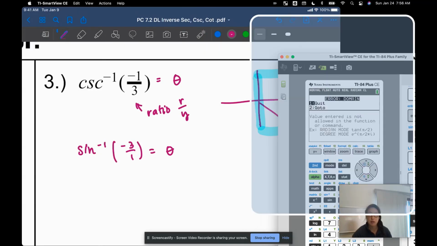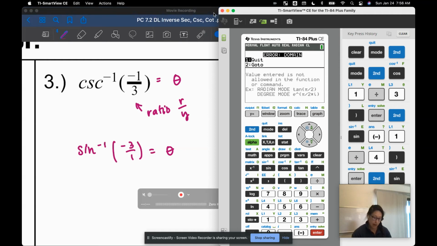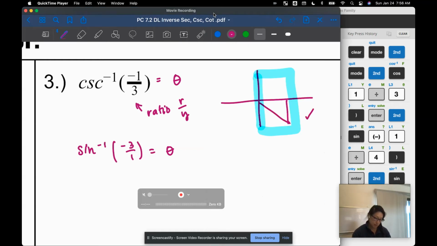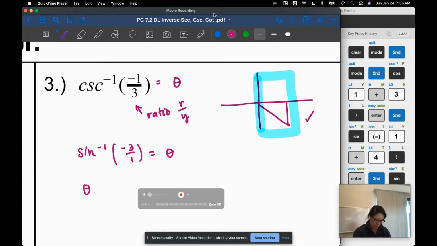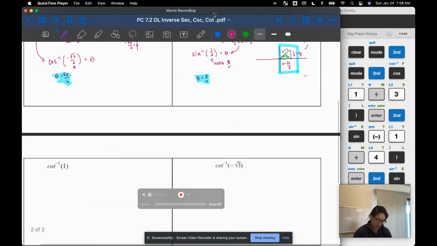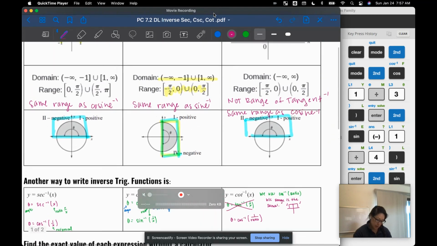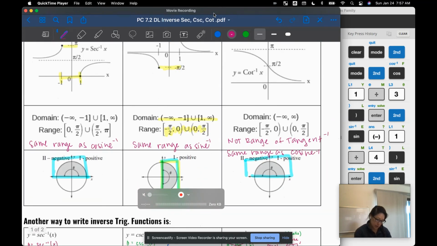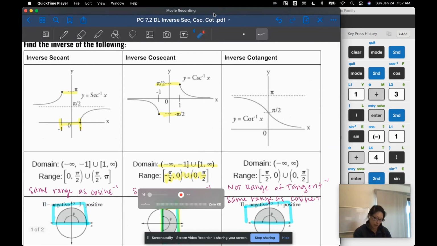So what we know is theta is undefined. What I noticed is that back at the top, I said that cosecant has a domain of negative infinity to negative 1 and 1 to infinity, which means I can't plug in any value between negative 1 and 1.